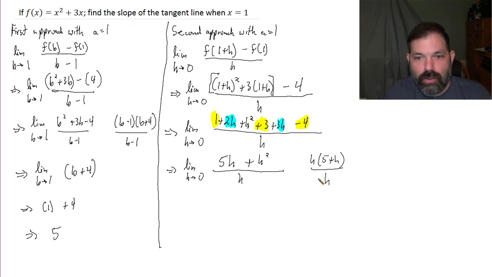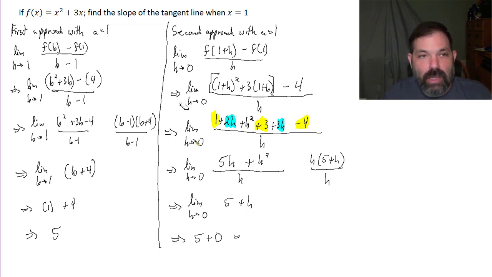However, now that I have the factored form and I can remove the common factor of h, this then becomes the limit, with h approaching 0, of simply 5 plus h, which is then, now I can substitute 5 plus 0, which is 5. And so I got the same result using either technique, which is a good sign, right? I mean, if we got different results, then that would mean that the two techniques weren't equivalent, or I made some error in the middle.